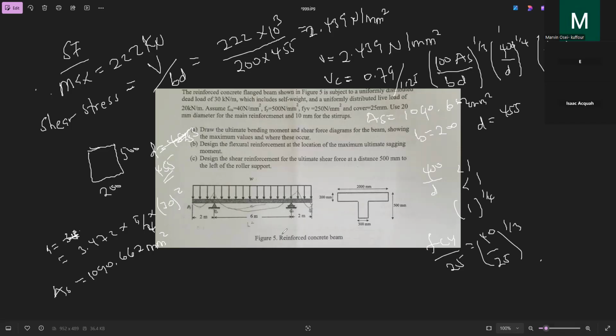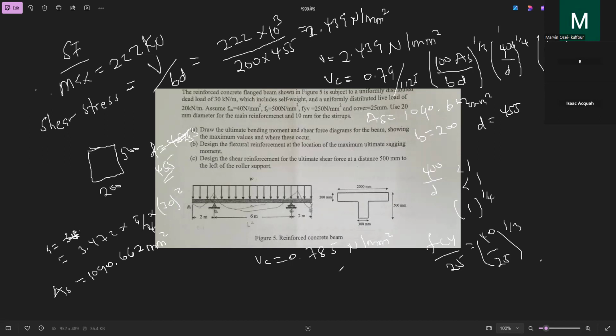I got 0.785. Okay. So 0.785 Newton per millimeter squared.